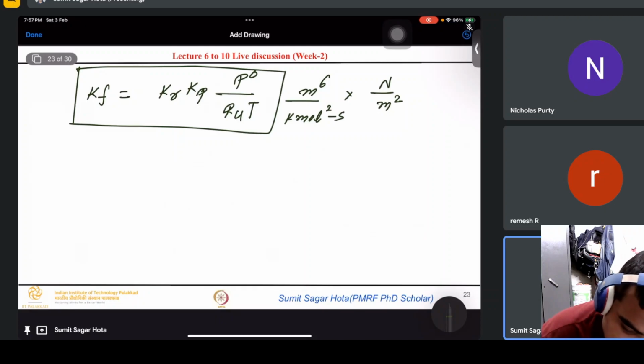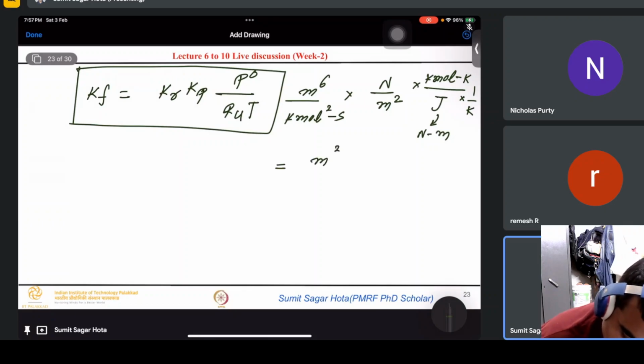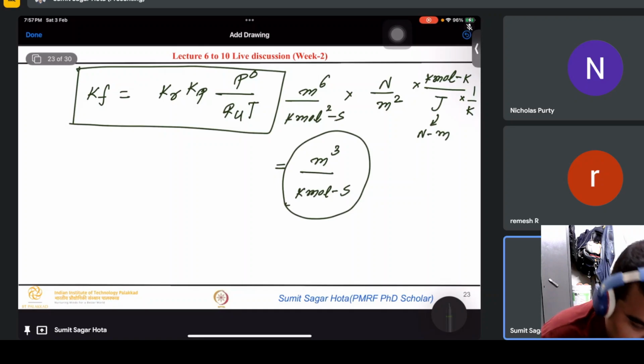So reverse the... So this kind of a unit can... this is the value, then tell me the unit. We have to just substitute.